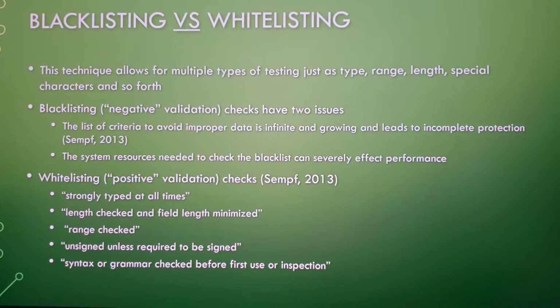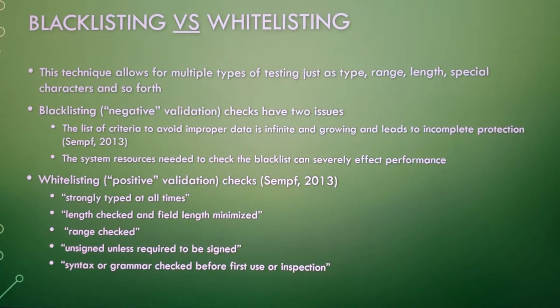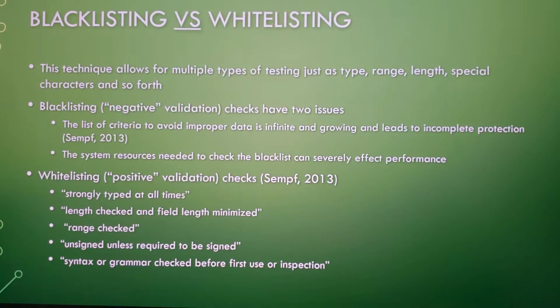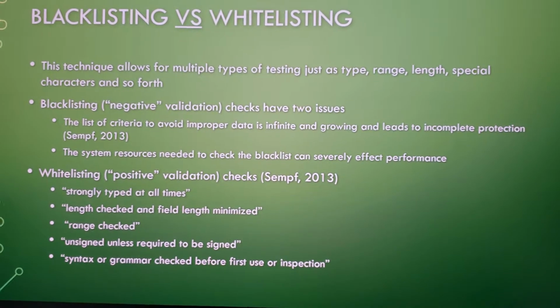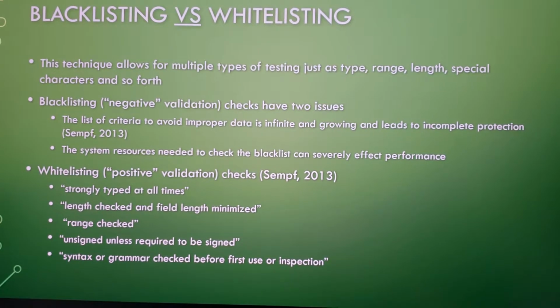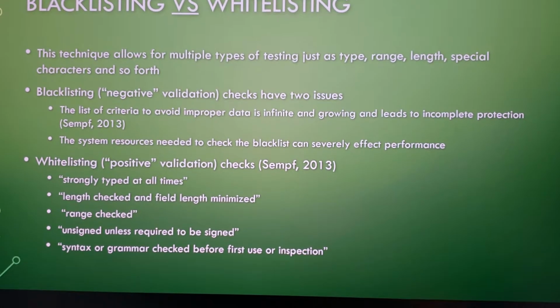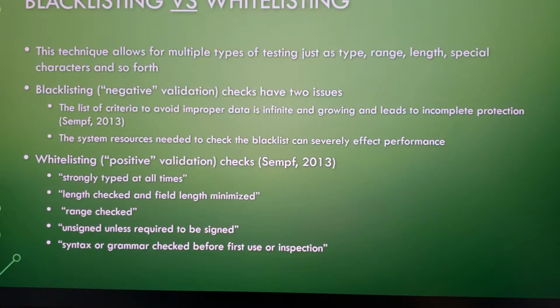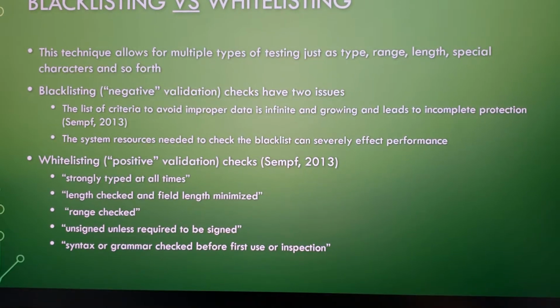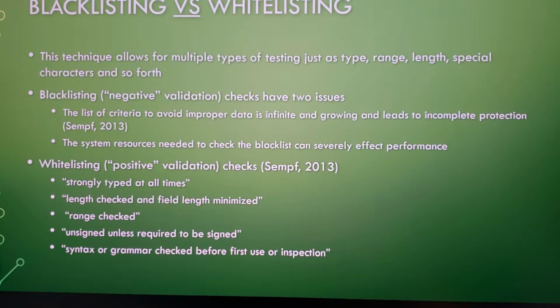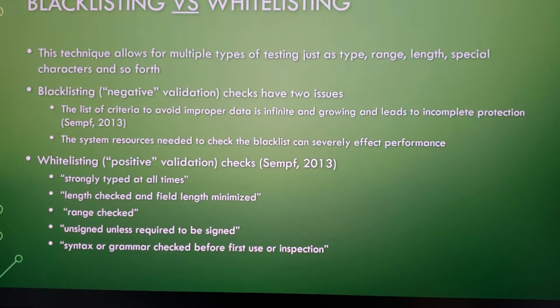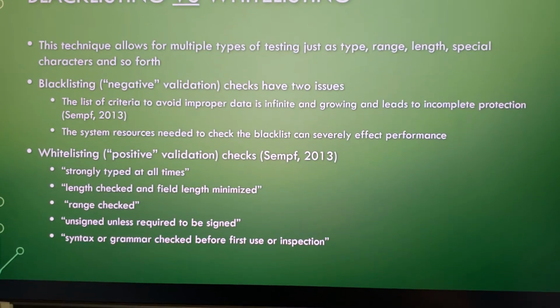More of a document sort of issue, but if something has to be certified or have a certificate and it's missing the certificate, then it should automatically reject it. And then syntax or grammar checked before first use or inspection. Basically to say, is something there that shouldn't be? Is there a character that might cause an issue?